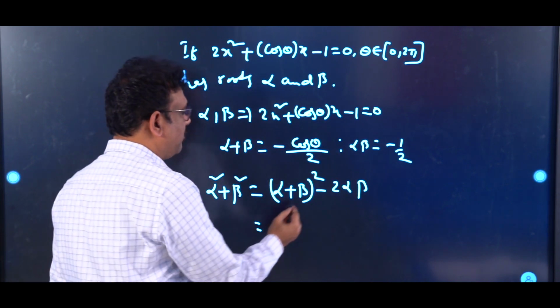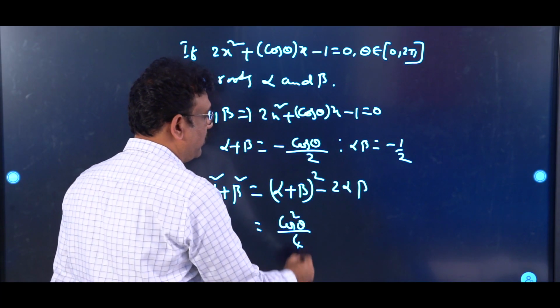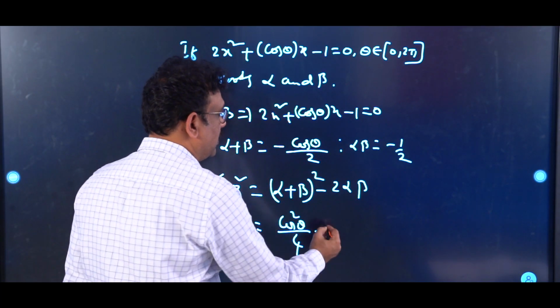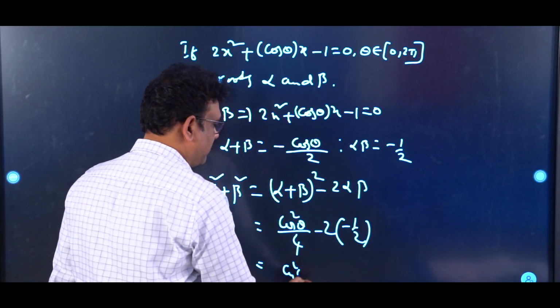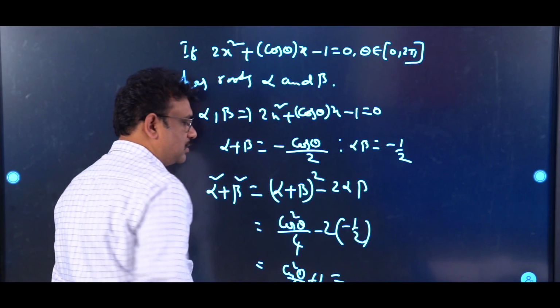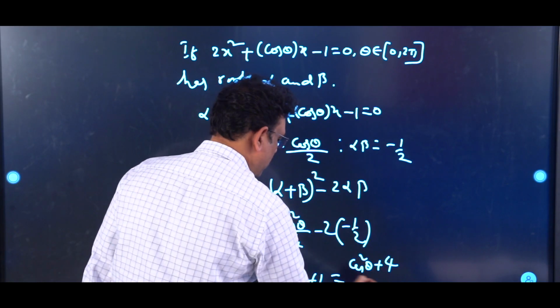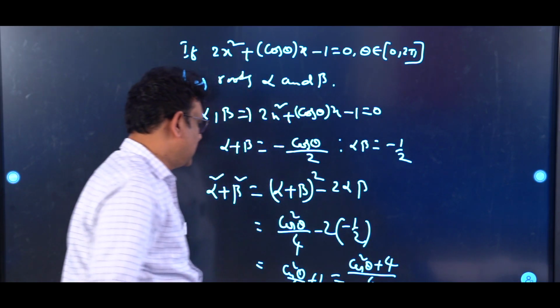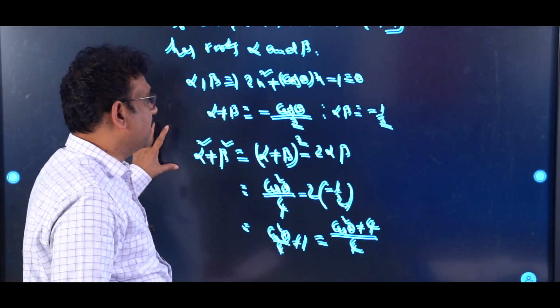So that is equal to cos square theta by 4 minus 2 into minus 1 by 2. That is equal to cos square theta by 4 plus 1. So that is equal to cos square theta plus 4 by 4. This is the value of alpha square plus beta square.